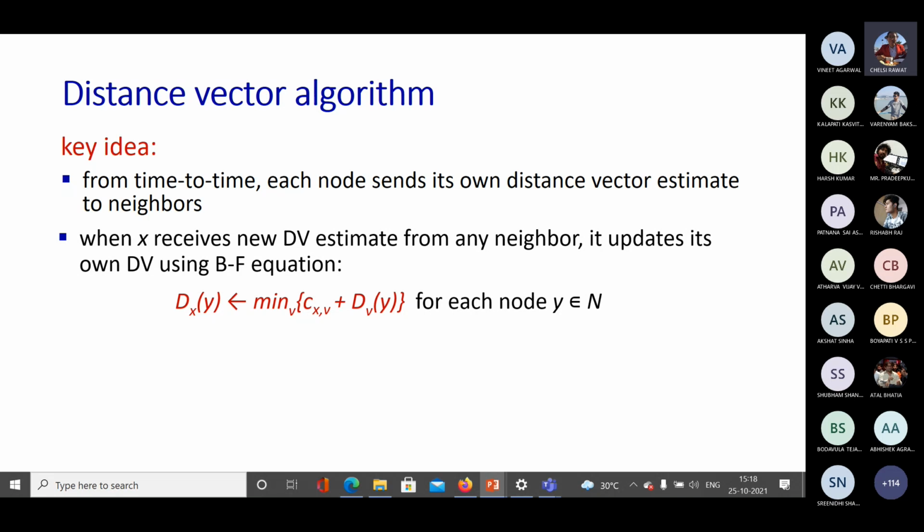Then whenever it has to decide the minimum cost path from a given node to a given destination node, this information will become handy. So how do we get this information? dxy, the minimum cost path from x to y, is given by the minimum over v of cxv plus dvy, for each node y belonging to N.